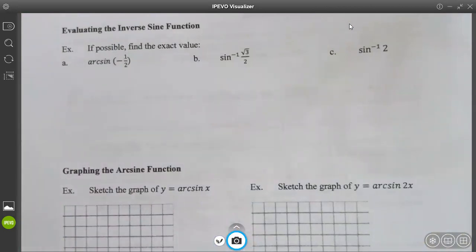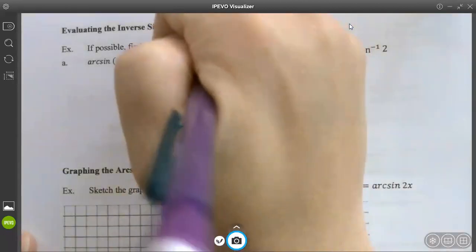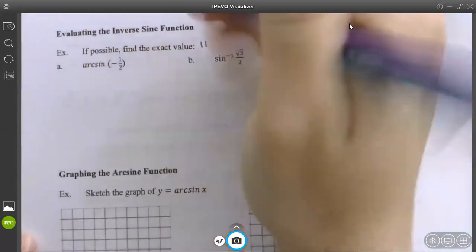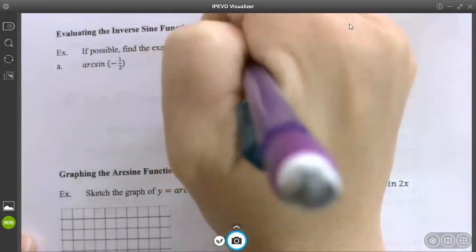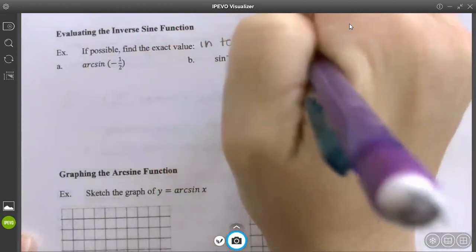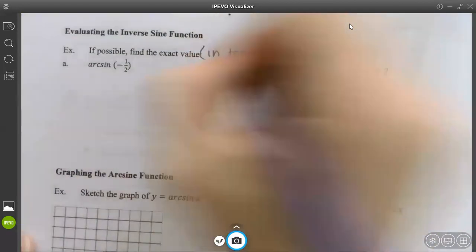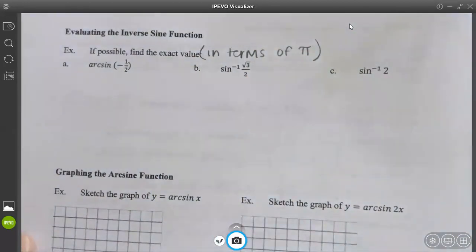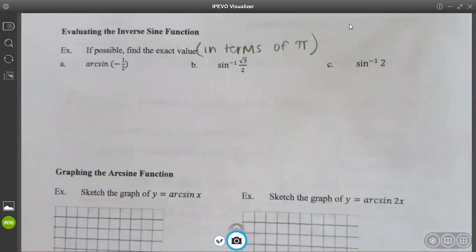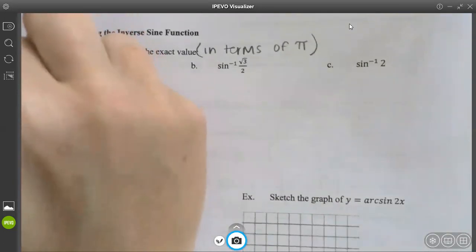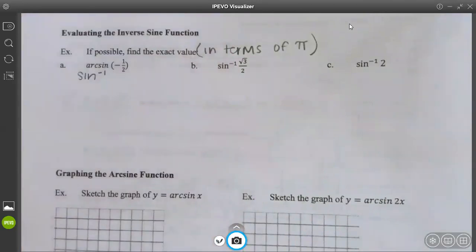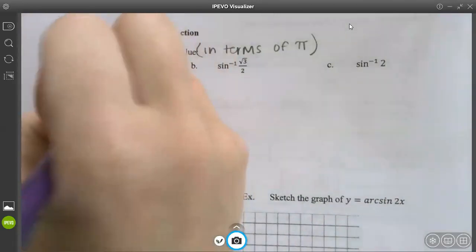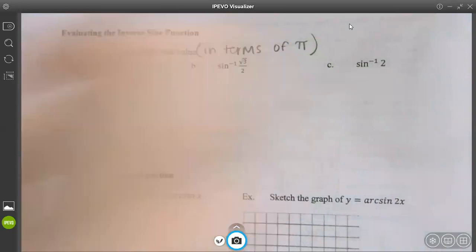All right. So evaluating the inverse sine function, if possible, find the exact value. We want this in terms of pi. So we have arc sine of negative 1/2. So this means we have sine inverse, and I'm going to write it as negative 0.5.